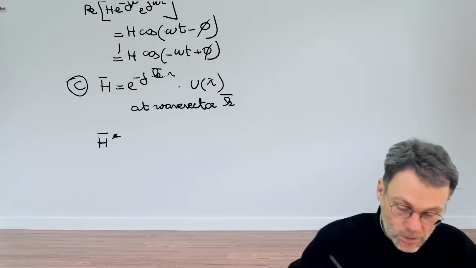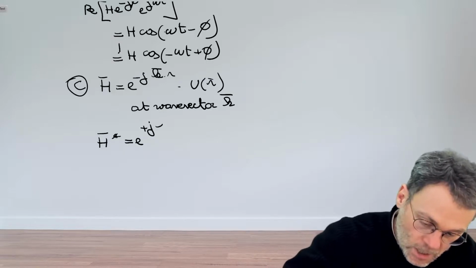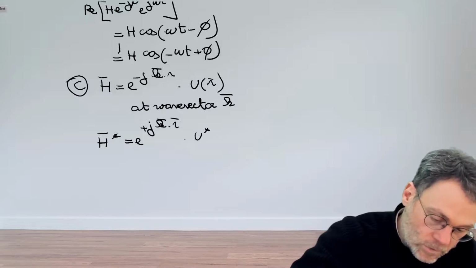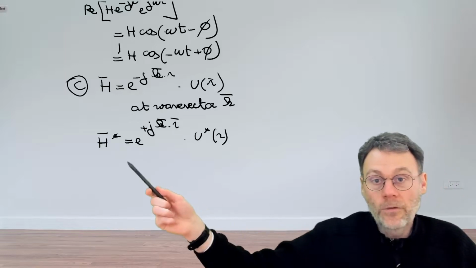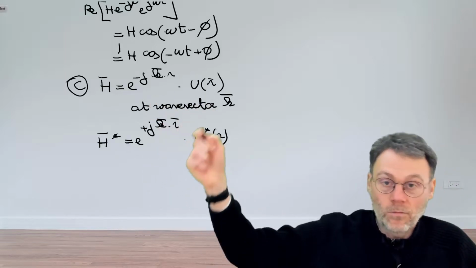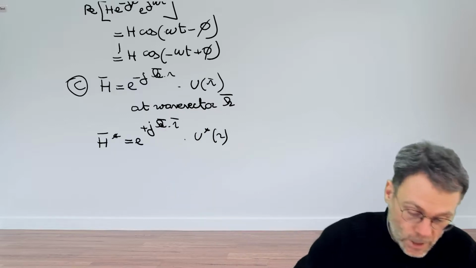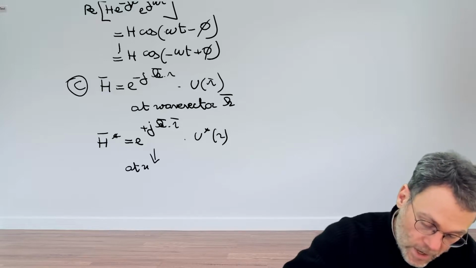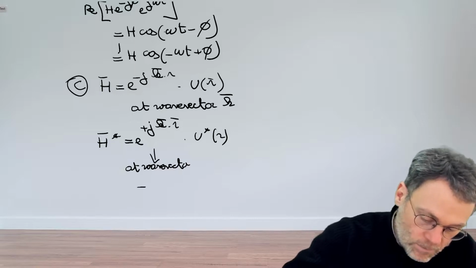Very trivial here. If we take the complex conjugate, we have exponential plus j k r, and then the complex conjugate of our periodic function u of r. And if we compare this thing to that thing, we can indeed see that this is again a Bloch mode, big surprise, but this time it's a Bloch mode which has a wave vector not k, but minus k.